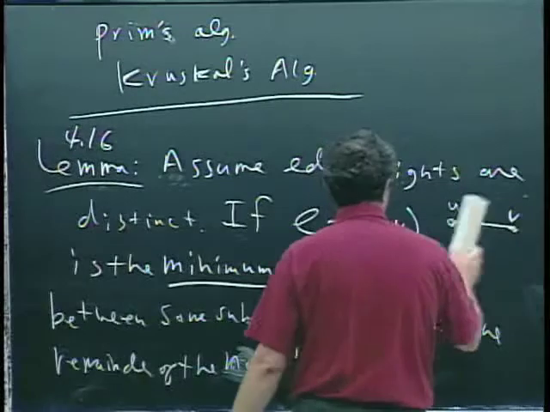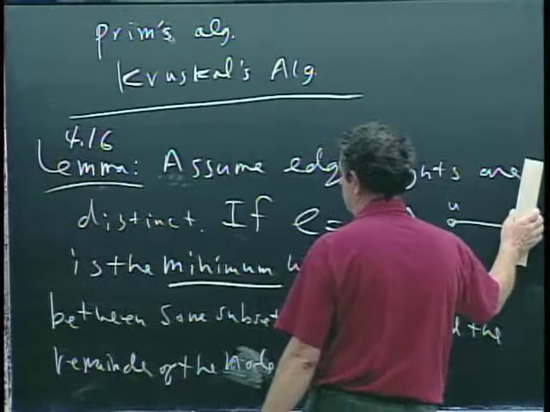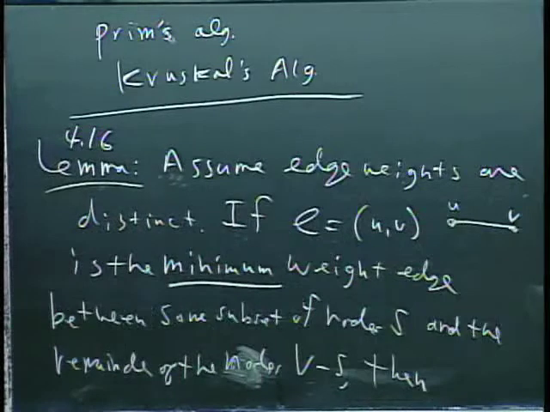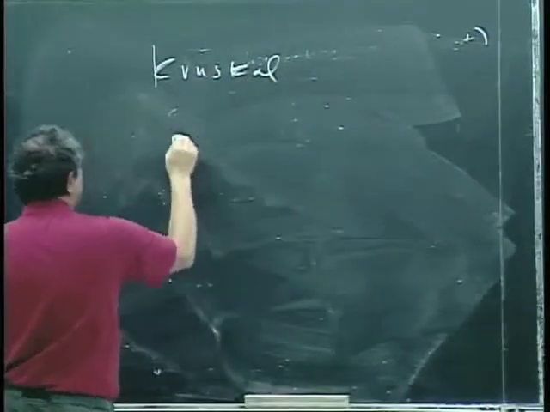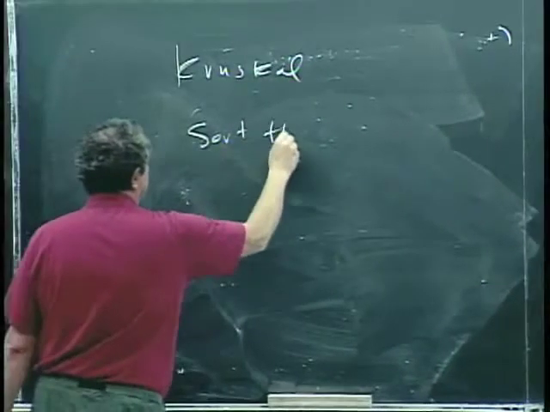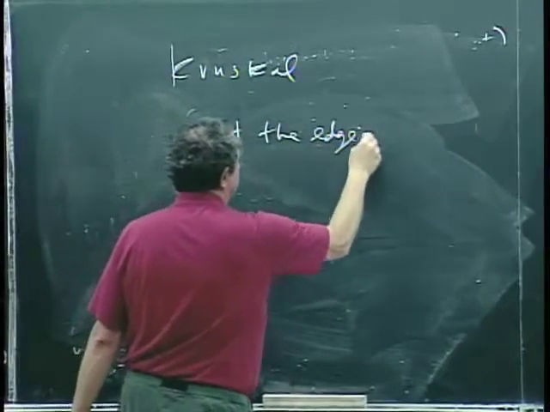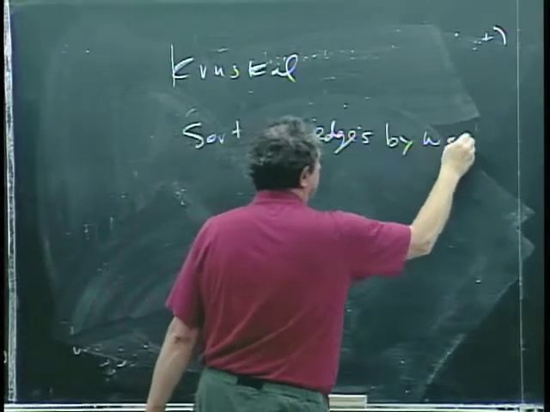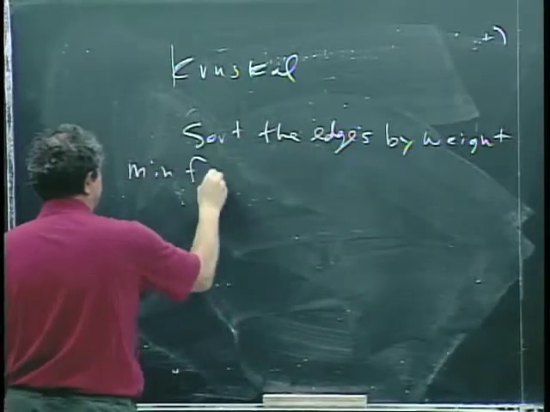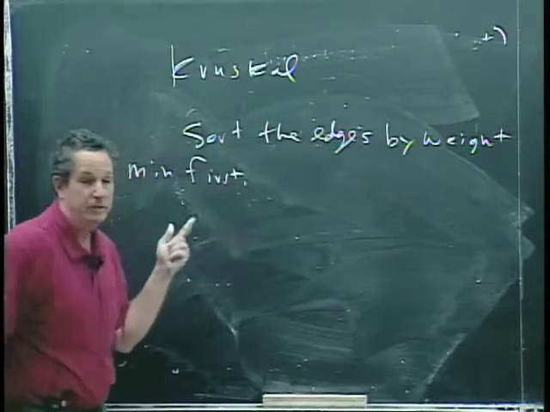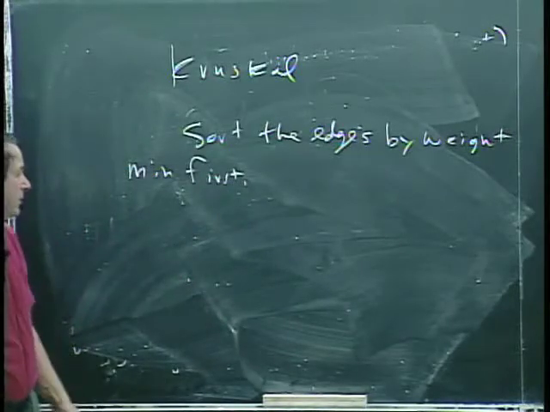is a different algorithm. Kruskal is the following kind of algorithm. Here we're going to sort the edges by weight, min first. So smallest weight edges first, we'll sort them smallest to largest weights.